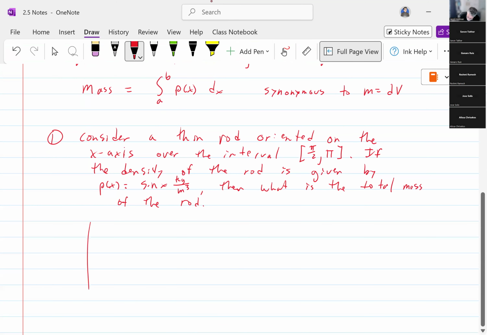We have this rod that has a varying density, but it's oriented on the x-axis from pi/2 to pi. So we're going to solve for the mass.